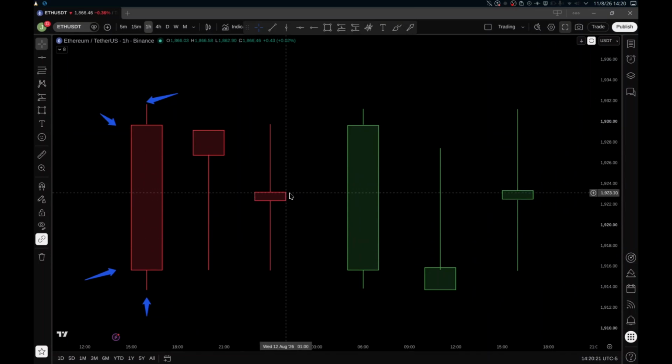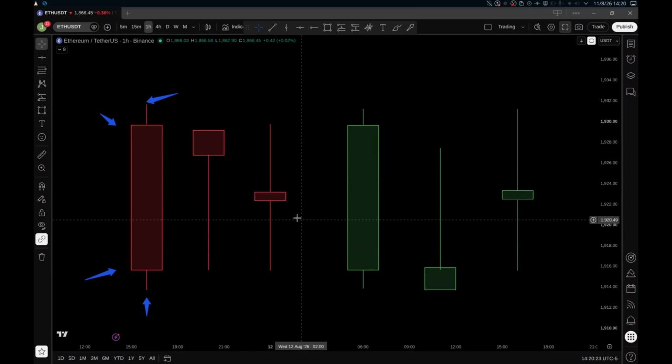This is a doji, which usually means indecision, so not that clear of a direction. The bulls are not that strong, the bears are not that strong, or they're not too sure about what the next step on the market is. So they're just waiting for some kind of breakout or movement, right?